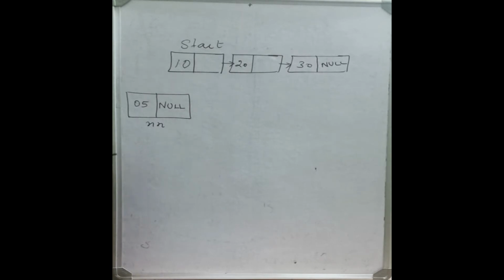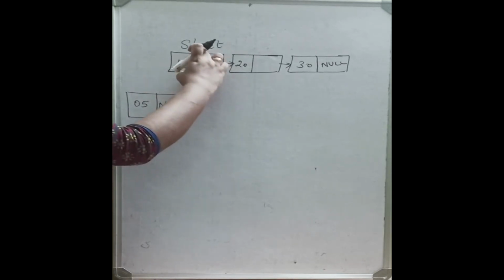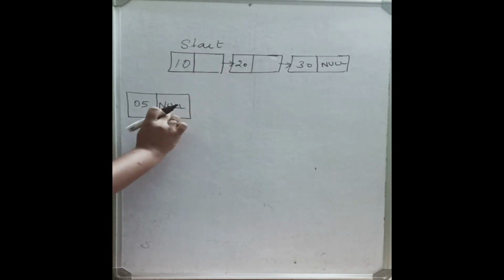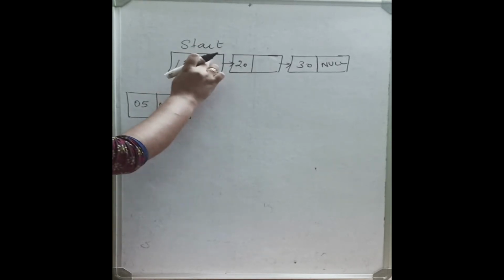So how can we create it? We have to assign new node dot link. Already we have a null value, so we are going to replace this null value by this node's address. Then only will this node come after. So this node will point to this node.